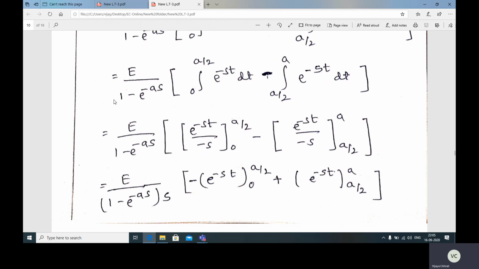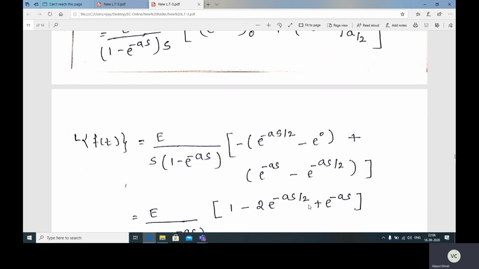Now this minus s is common for both the terms, so take s as common in the denominator. So E divided by 1 minus e raised to minus as into s, minus this minus e raised to minus st from 0 to a by 2, plus this minus into minus is plus e raised to minus st from a by 2 to a.